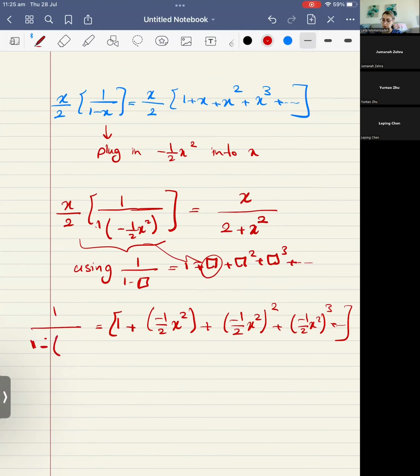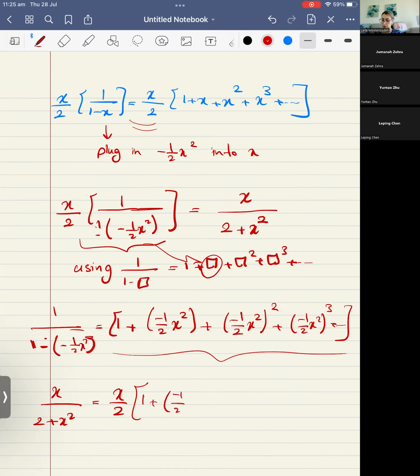Now x over 2 plus x squared is equal to x over 2 from here times this bracket 1 minus 1 over 2 x squared plus minus 1 over 2 x squared to the power 2.